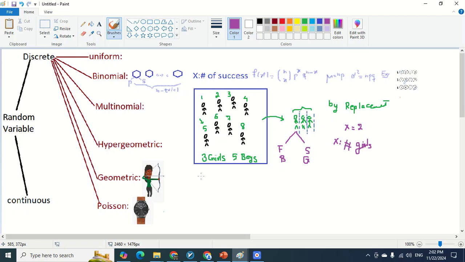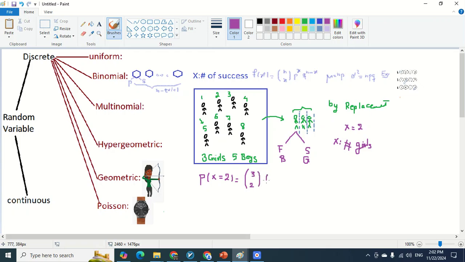So the probability of having 2 girls in those draws, meaning the probability of X equal to 2, will be equal to, based on the probability distribution function, 2 out of 3, because we have 3 selected at the beginning.